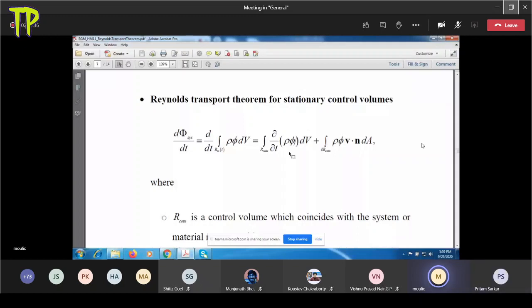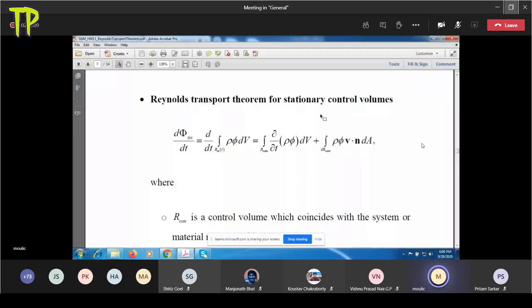So the left hand side, the Rm(t), is for the closed system or material region, which is simply called system in fluid mechanics. And this coincident control volume: control volume is a term used by authors of fluid mechanics texts, while authors of thermodynamics texts will use the term open system. So the Reynolds transport theorem gives you a link between the rate of change of an extensive property for an open system and a closed system, but not any arbitrary open system and closed system.